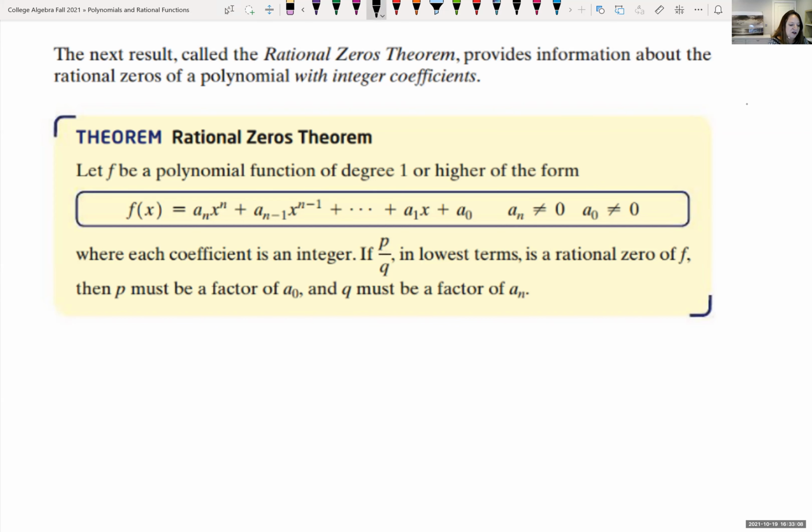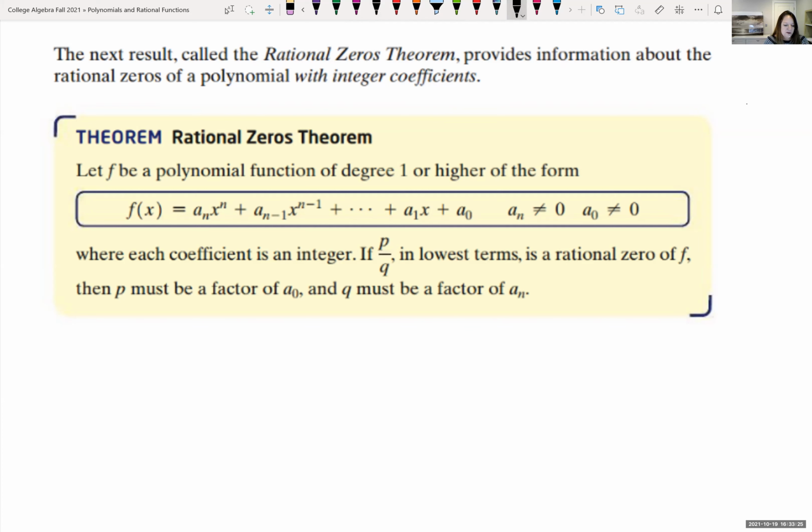The Rational Zero Theorem provides information about the rational zeros of a polynomial with integer coefficients. So we're not going to have any imaginary numbers in there. We're not going to have any radicals. They have to be integers.